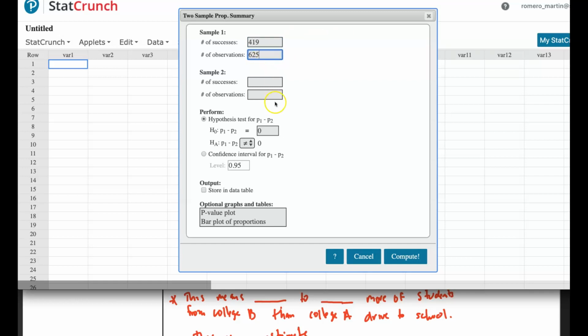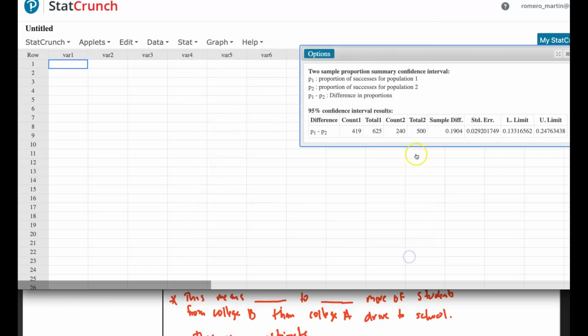And then for college A, the number of successes was 48% of 500, and so that is 240 out of 500. And then we are doing a confidence interval for 95% for the level. Then you hit compute, and that's it.